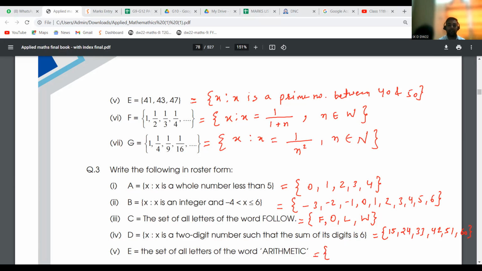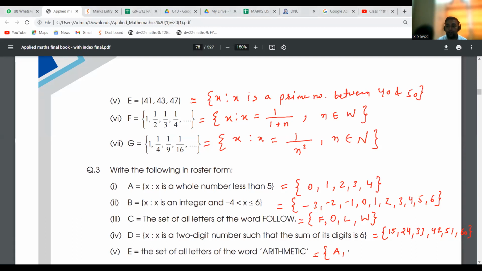Now the fifth part is E. So E is the set of all the letters of the word arithmetic.